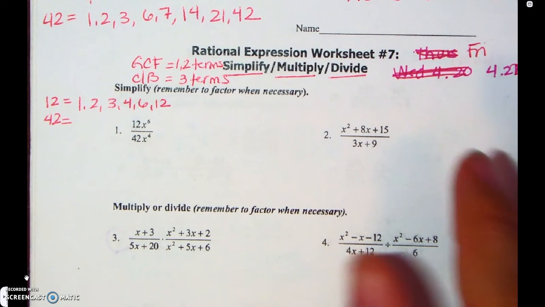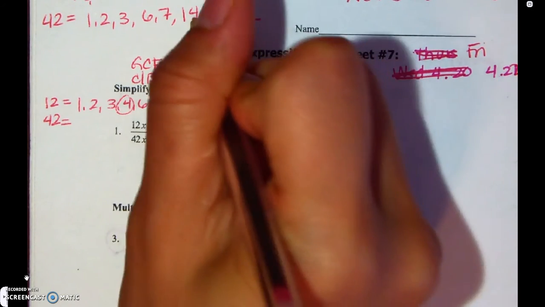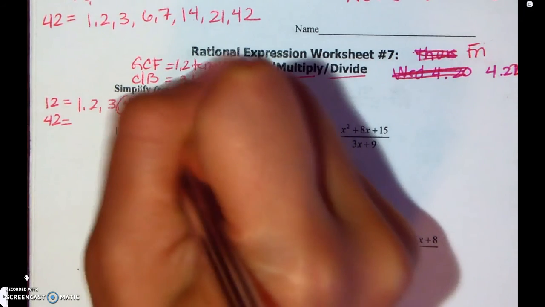Those are the factors of 42. The greatest common factor that they have is 4. Oops, just kidding. I saw 14 and thought it was 4. The greatest common factor that they have is 6.